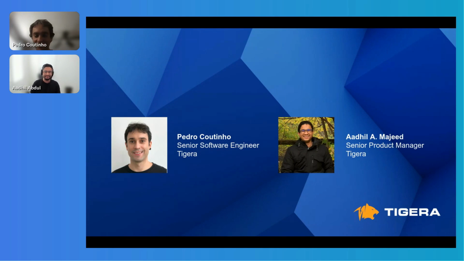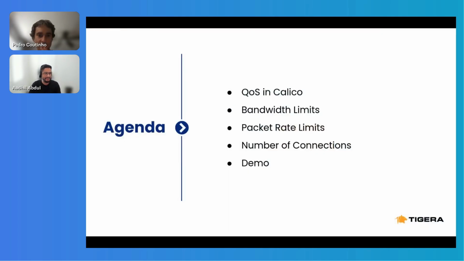Thanks, Pedro. So yeah, I think next we can look at the agenda for this session. We're going to start off by introducing quality of service controls in Calico and cover a little bit of theory so that you have a good handle on the controls that are available in Calico and the parameters that you can configure for each of the controls to achieve the desired result.